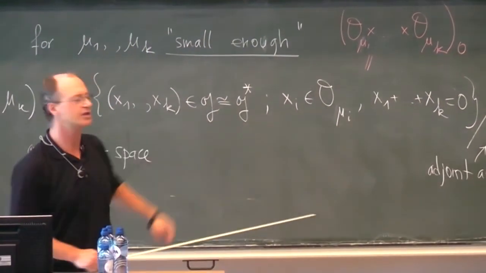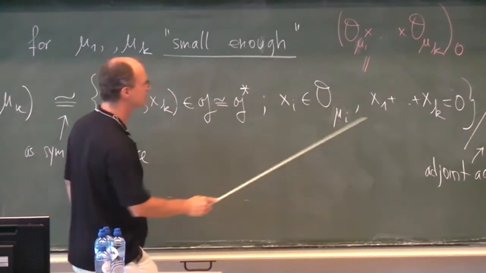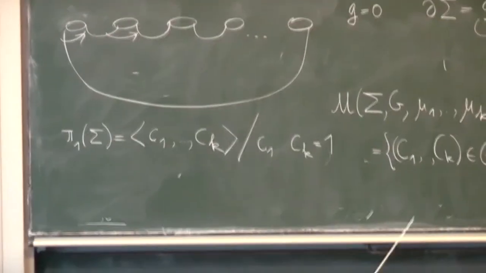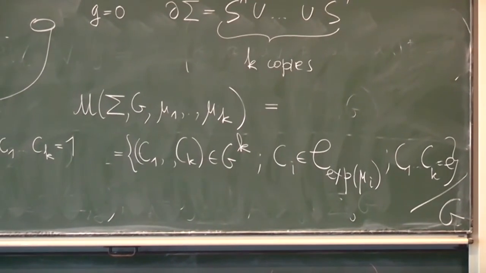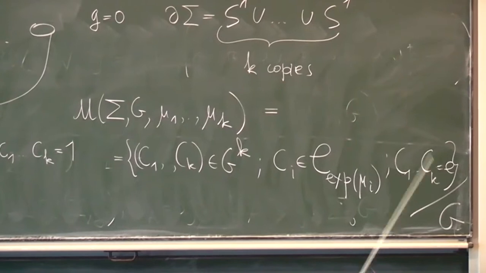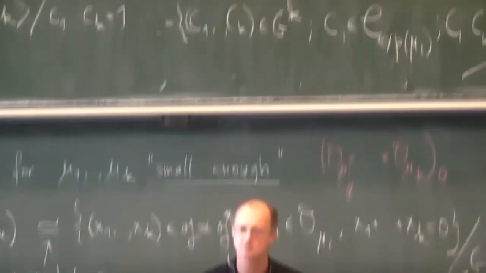So some linear equation, x's in given conjugacy classes add up to 0. And here we look at solutions of the equation C_1 times C_2 times ... times C_k equal to 1, where the conjugacy classes of these are fixed.